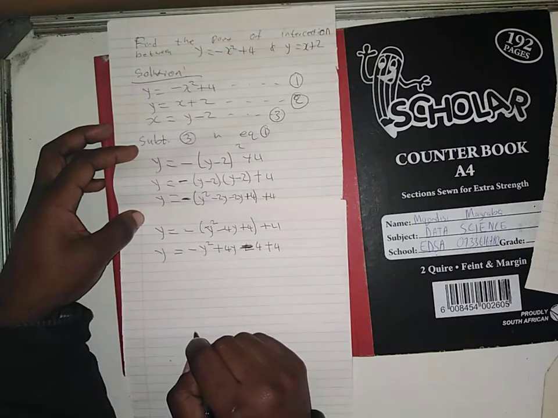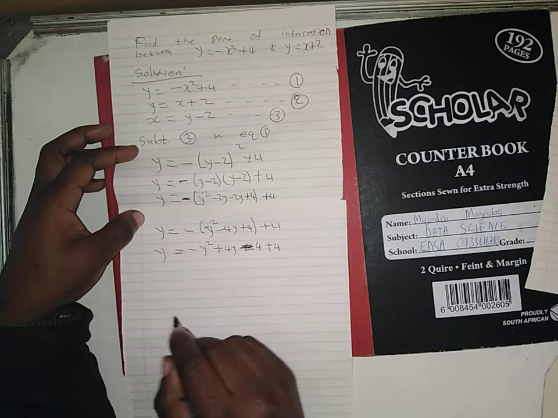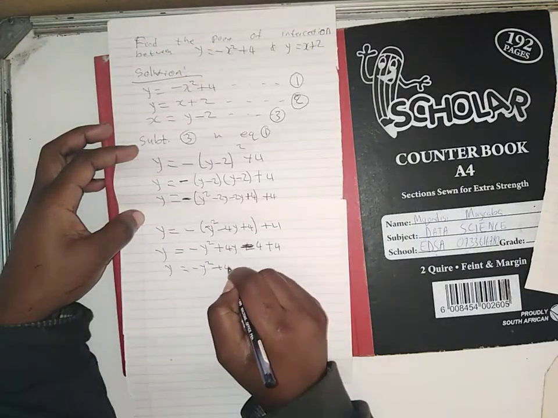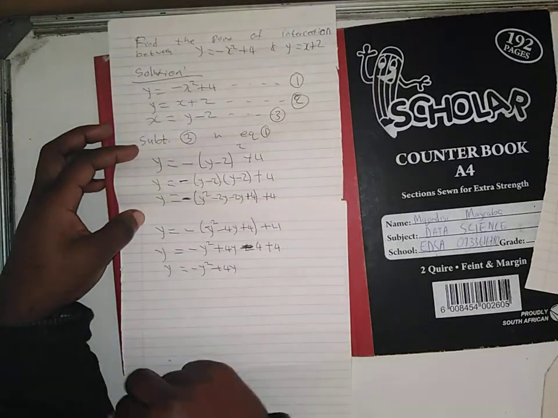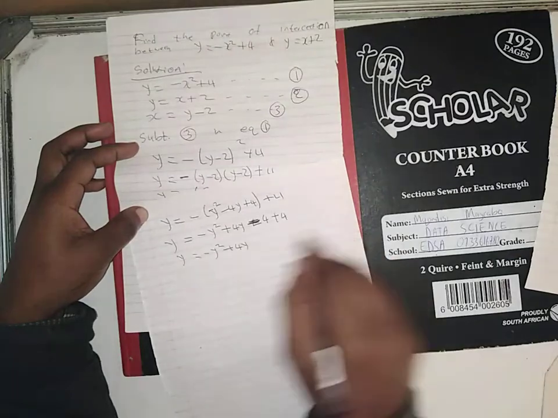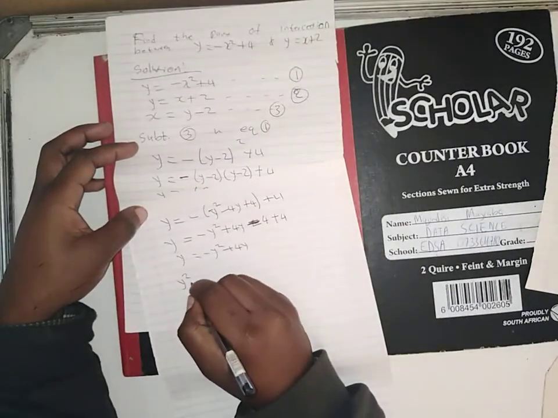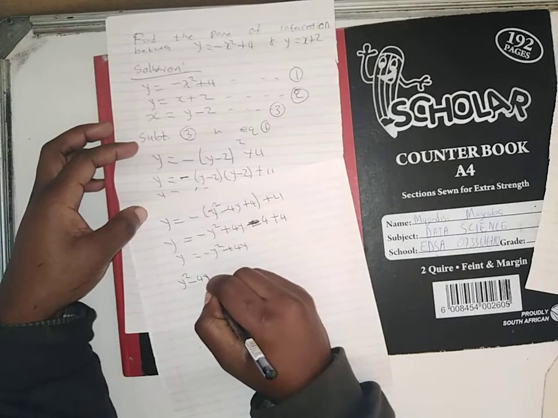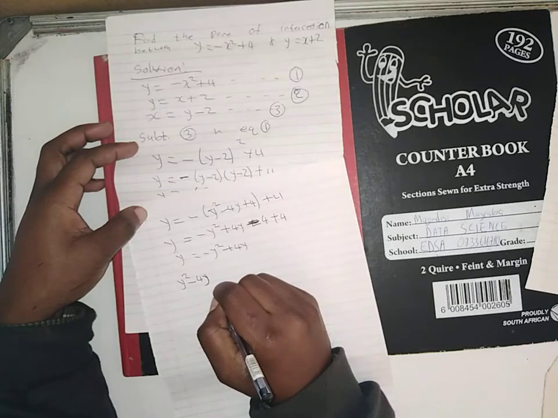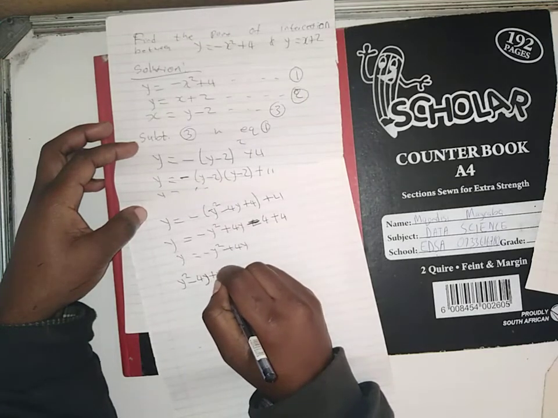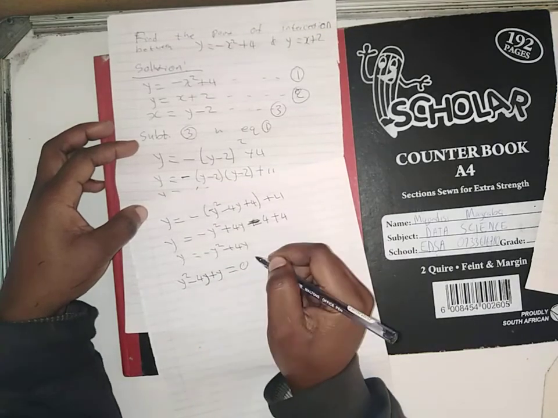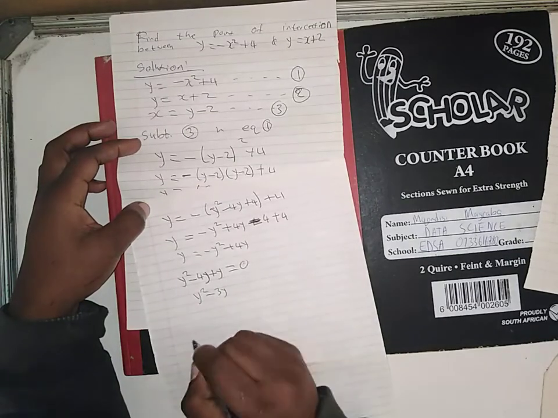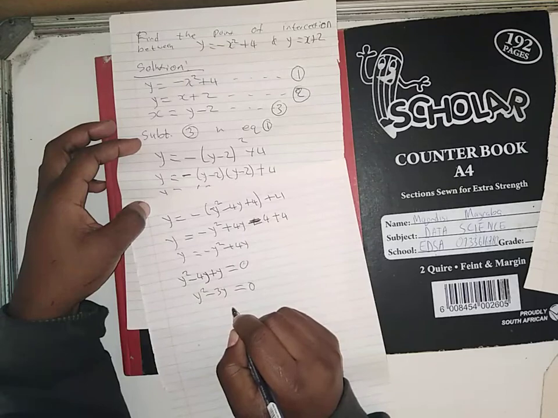So what happened? You will then have y is equal to minus y squared plus 4y. You take this to this side so that you can have 0 on the left hand side. So you end up with y squared minus 4y plus y, which is equal to 0, and then you end up with y squared minus 3y, which is equal to 0.